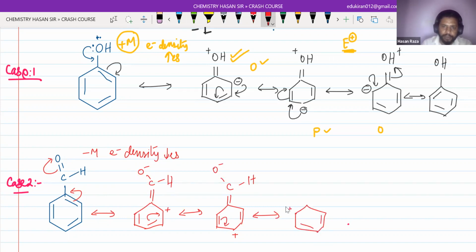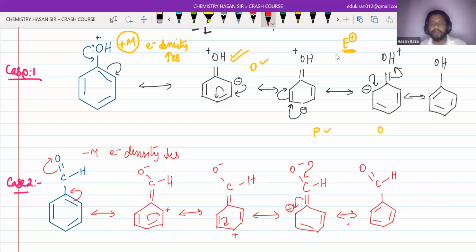Now there was double bond, positive charge is here, double bond is here, CO negative. Now what will happen? This will move to this. At the same time, we are going to move this. So double bond, double bond, double bond, three double bonds. So this is the resonating structure of benzaldehyde.